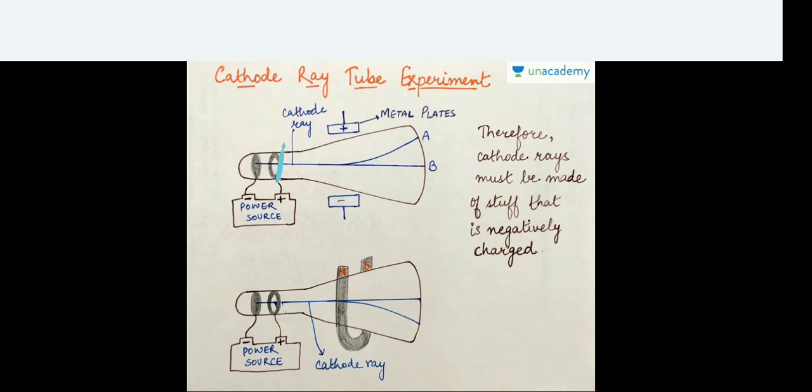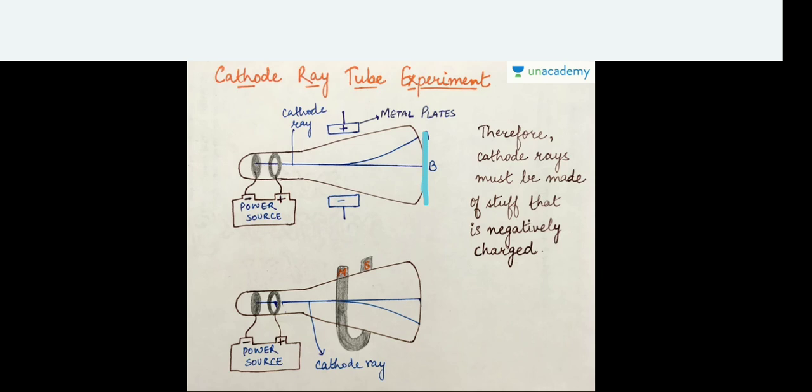He connected the two metal pieces with the power source and he switched it on. As soon as he applied this power, he observed that a ray shot from the metal across the tube, and the ray hit the other side of the tube and created a glowing spot.